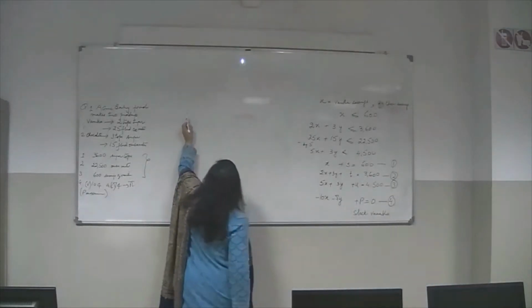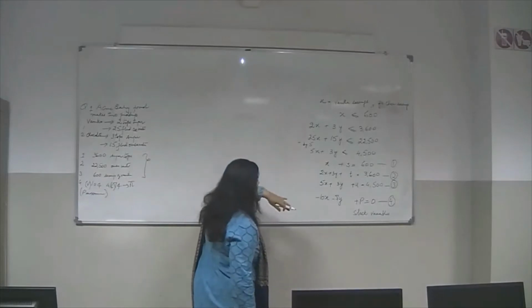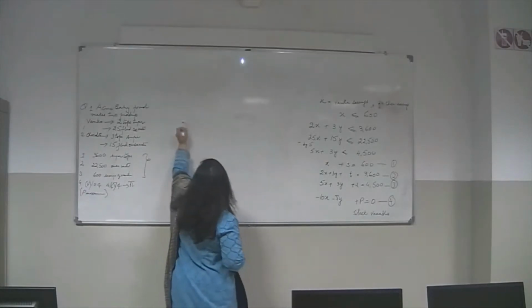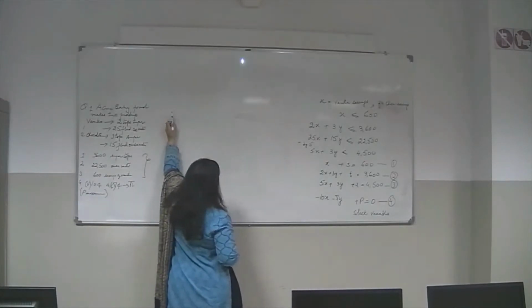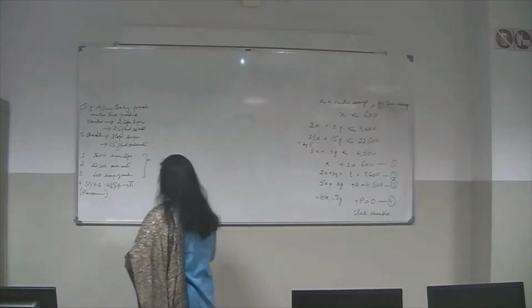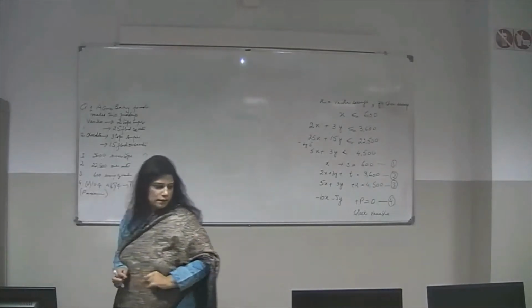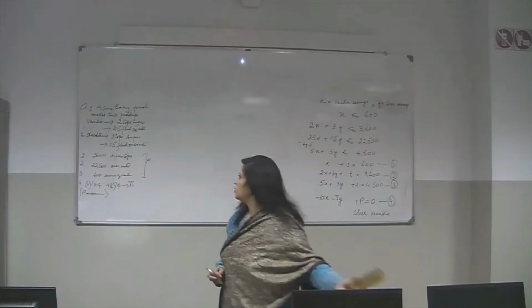Okay, so now first of all, I have to delete this after some time. So I just made the table here. Or maybe I can just delete this question in order to have some more space.